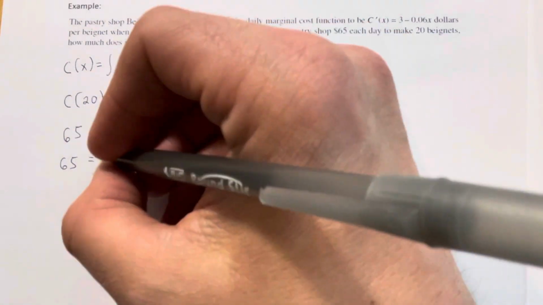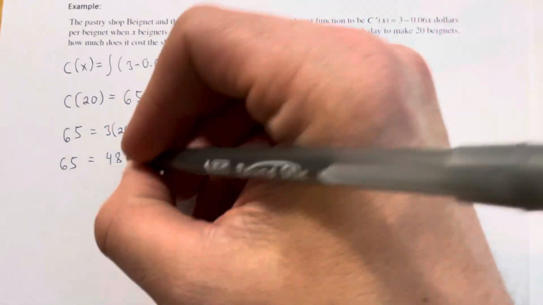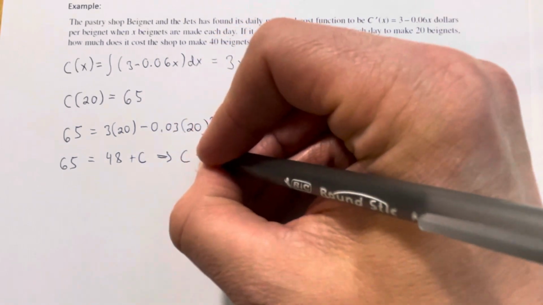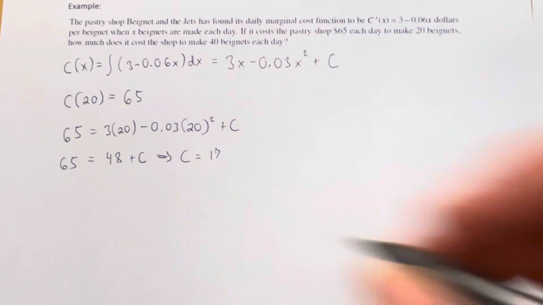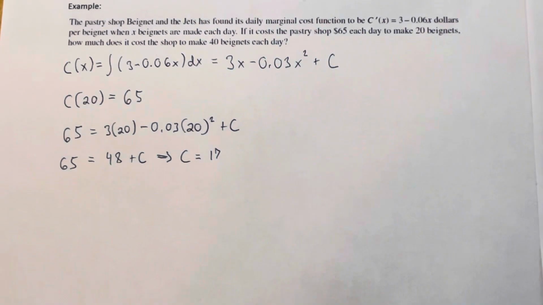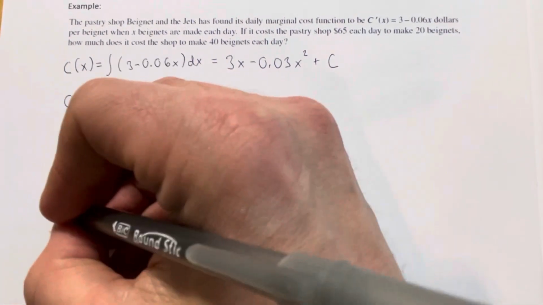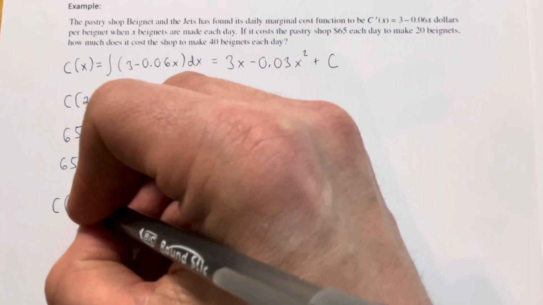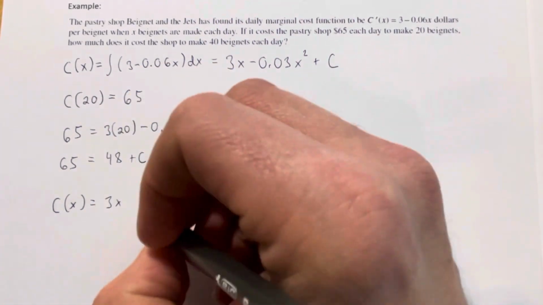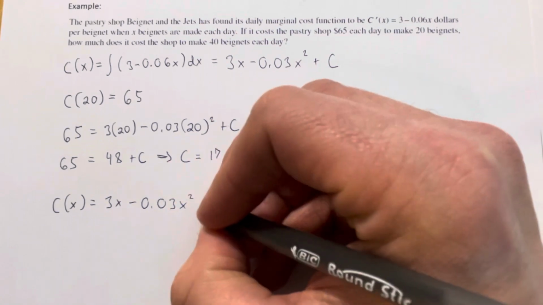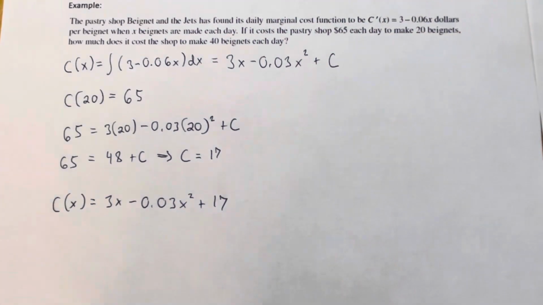It comes out to 48 plus C. Subtract the 48 from both sides, so that C is equal to 17. Okay? Now, I'm going to take that 17, and I'm going to use it to take the place of the C here in my original cost function. So now we have a cost function. C of x is equal to 3x minus 0.03x squared plus 17.